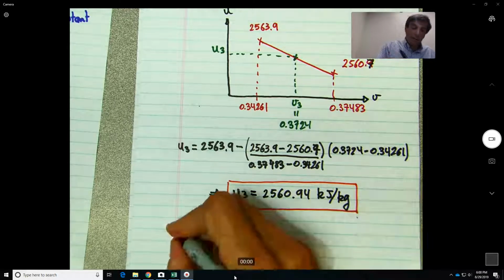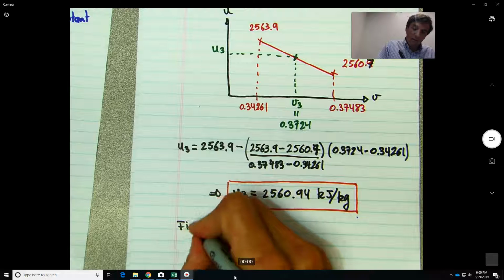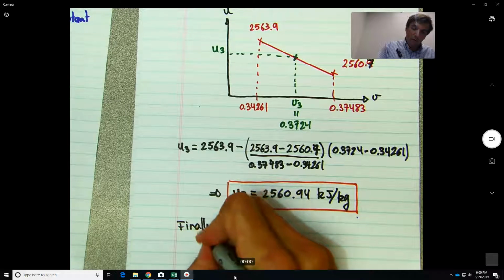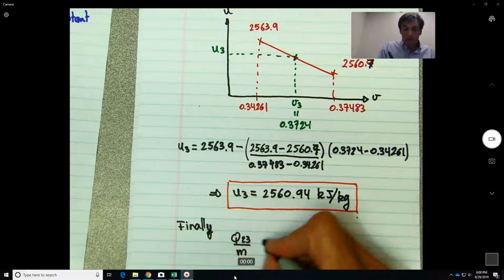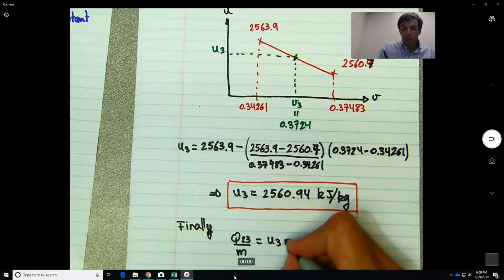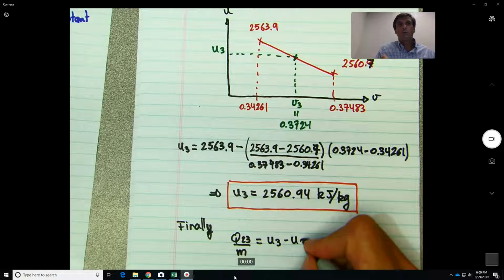So finally, Q23 over M was equal to what? U3 minus U2.